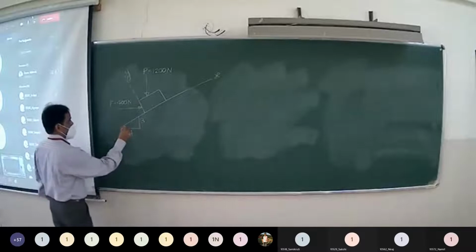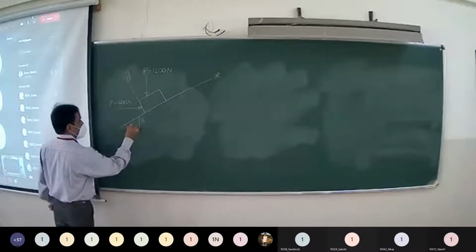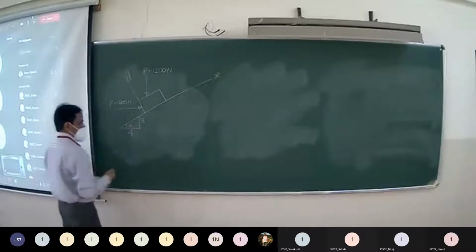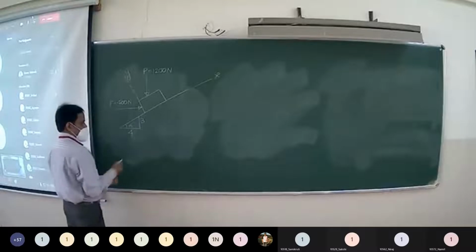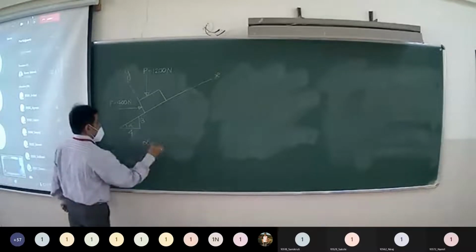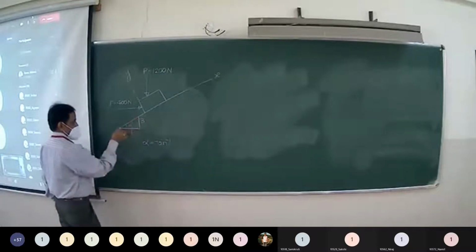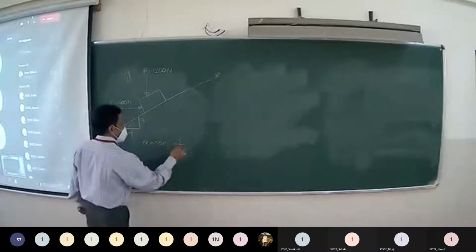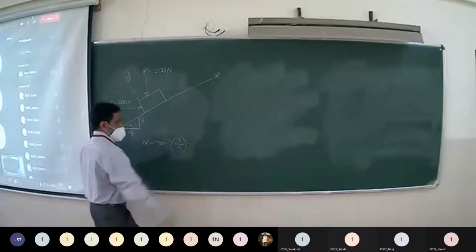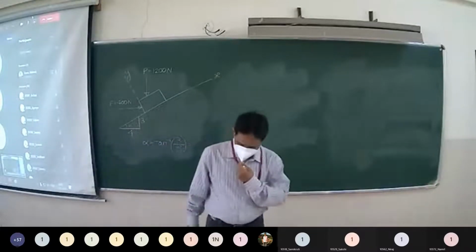Say the slope of the inclined plane is alpha. Then immediately we can write alpha is equal to tan inverse opposite by adjacent, 3/4. How much?